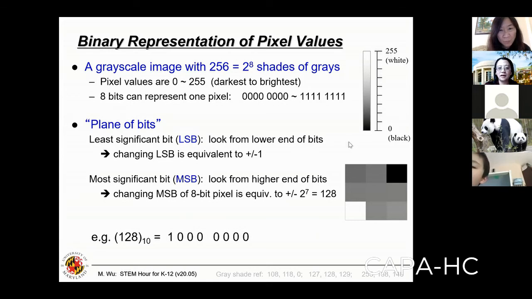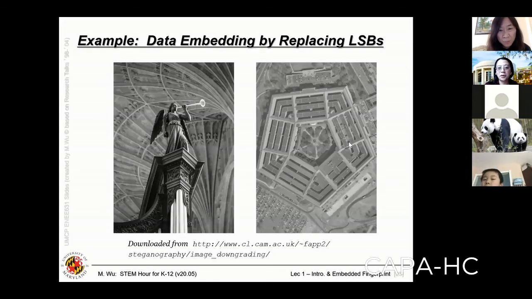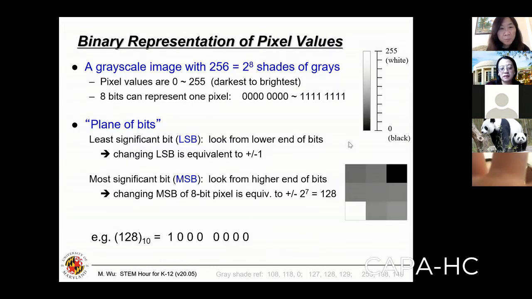So today I only took a very quick discussion on one of the most easily understandable strategies of putting hidden information. In this particular example, let me enable the annotation. I'm just looking at a binary description of the pixels' brightness or color, and then changing the bits close to the last few bits, and replacing them with what I want to put in.